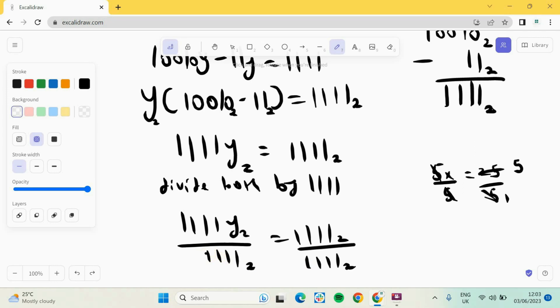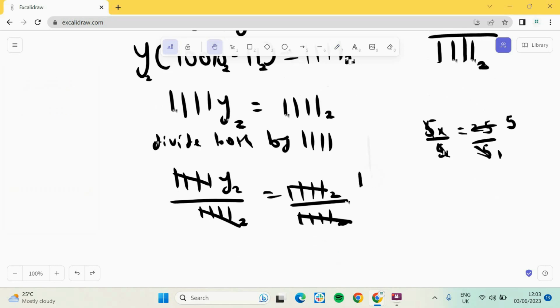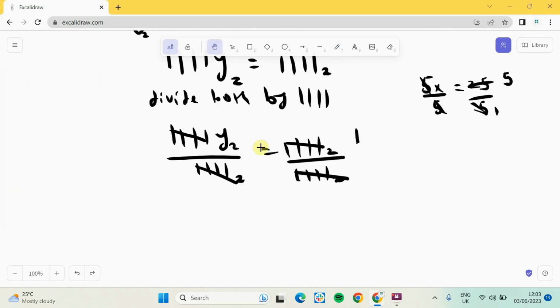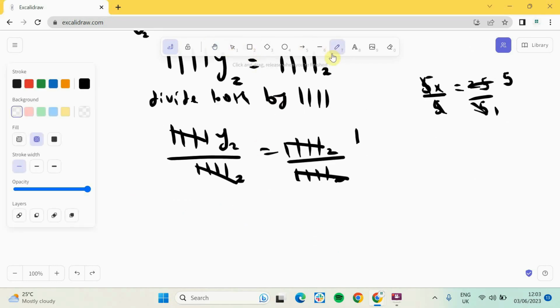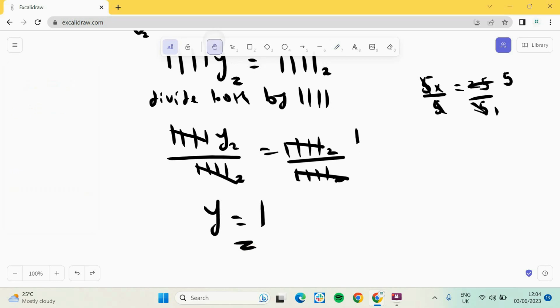So if I cancel out, this guy will cancel out this guy, this guy will cancel out this guy, right? This guy canceling out this guy will give me 1, right? So same thing, by the time I now move this one up, that means my y actually was what? My y was actually 1, right? So what did we do? Let's recap.